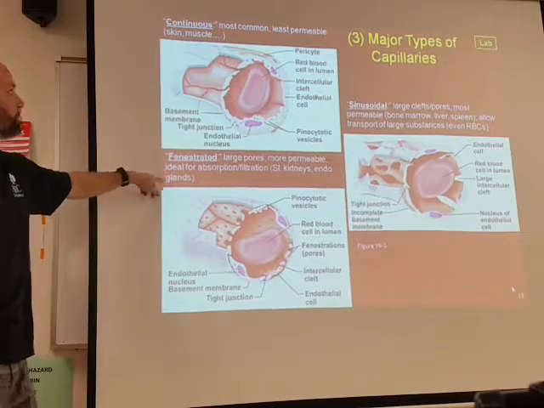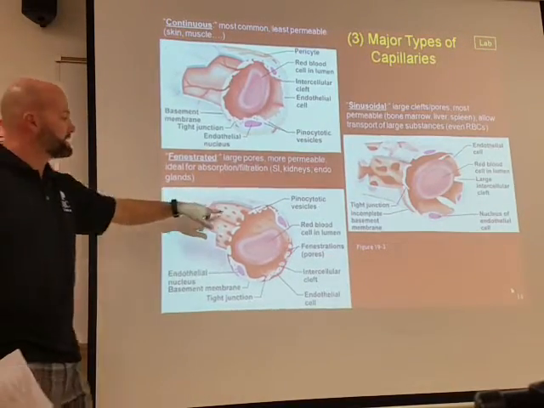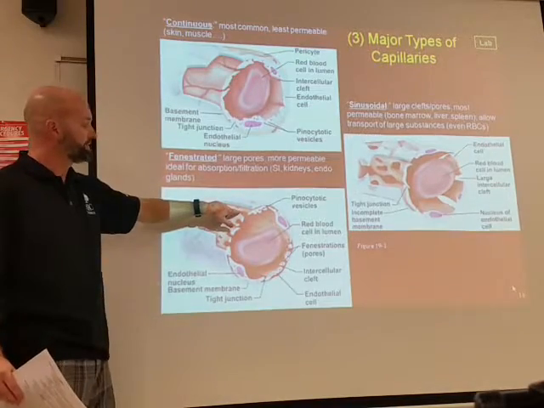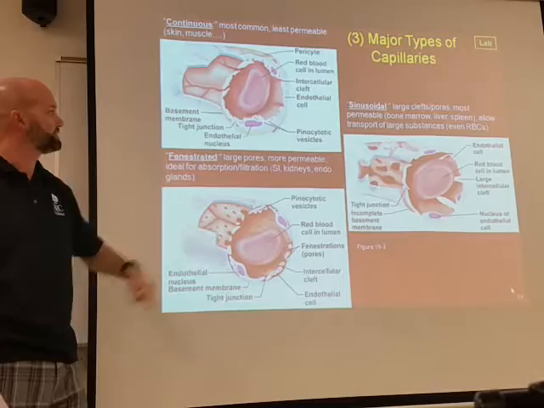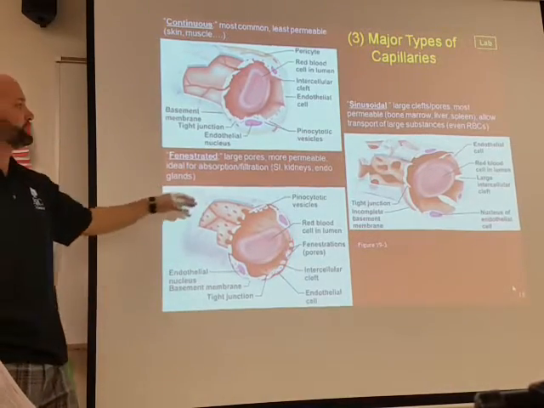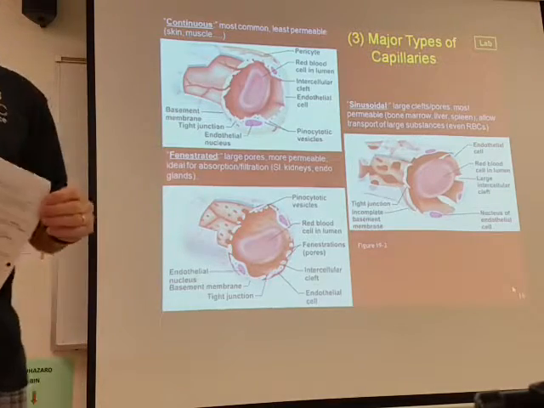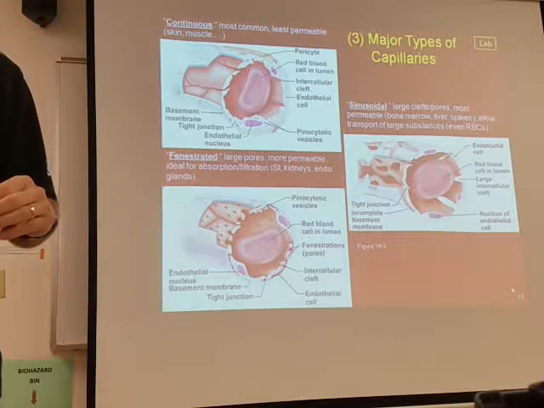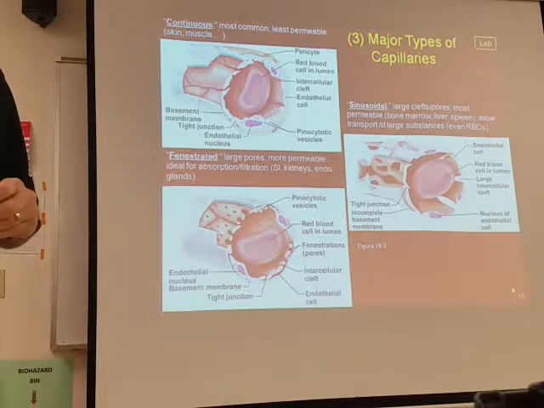Fenestrated, more permeable than continuous. Big enough pores in the cells, or big enough gaps between the cells, or a combination of the two, to move not only non-protein solutes, but proteins. Cells still aren't getting through, but plasma proteins can get through.